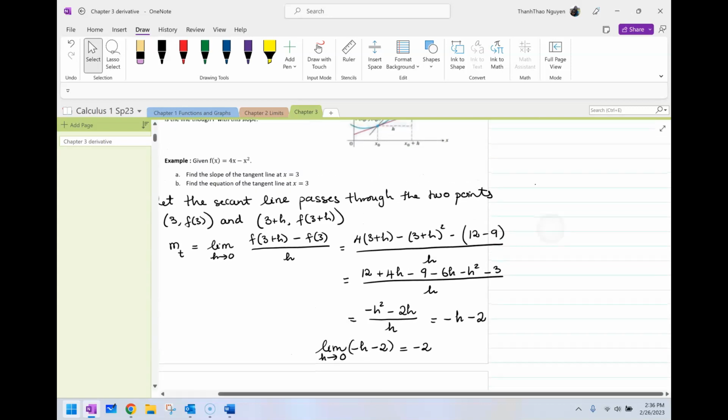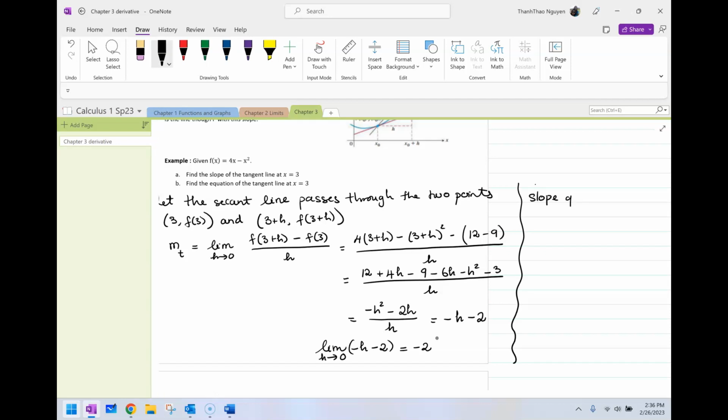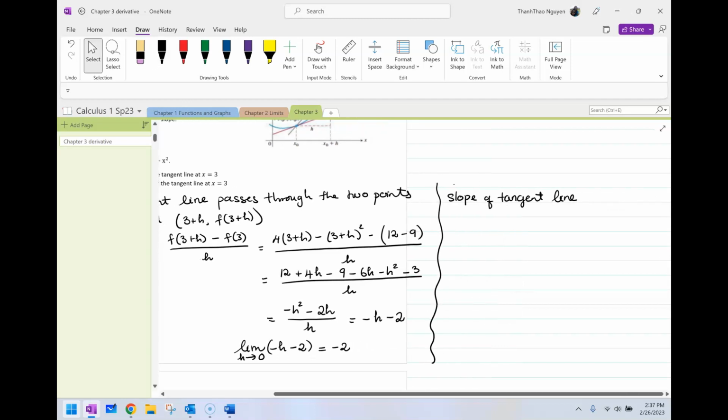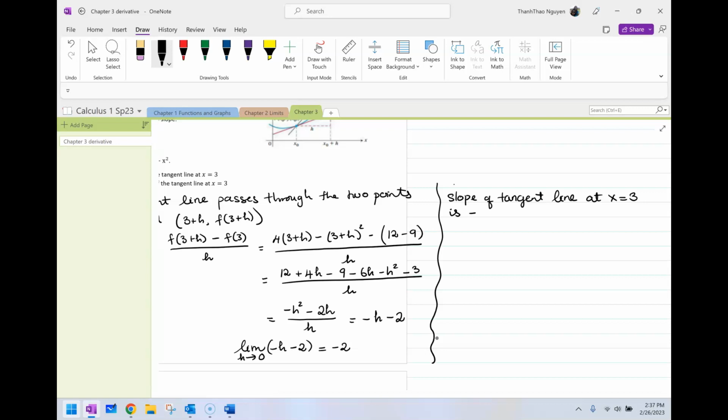So then the slope of the tangent line at x equals 3 is negative 2.